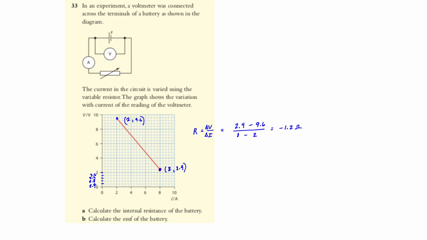And so from here, we can take note now that the internal resistance of the battery is 1.2 ohms. And so next, we will calculate the EMF of a battery.